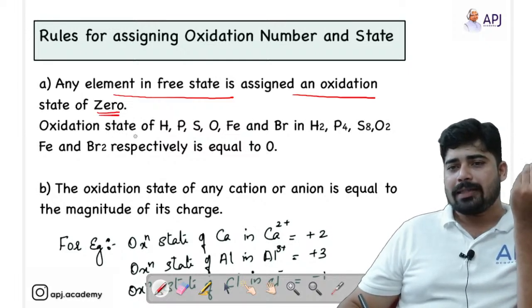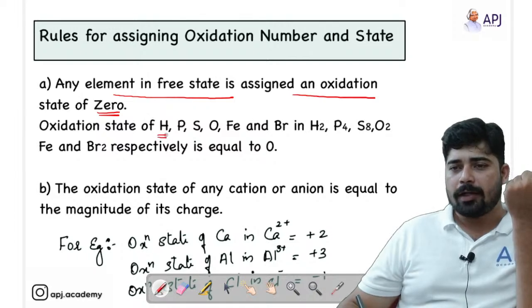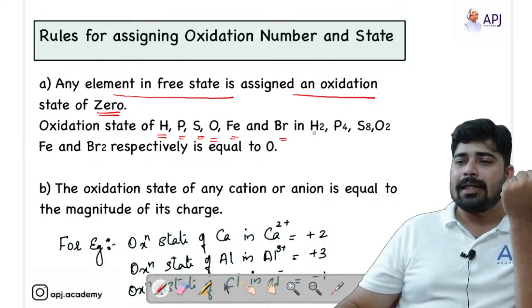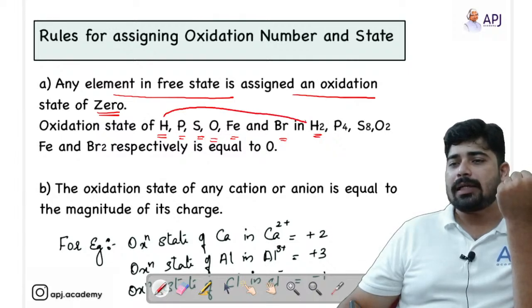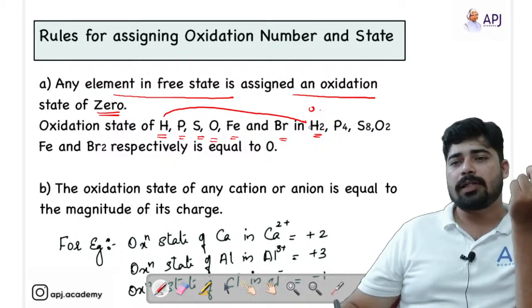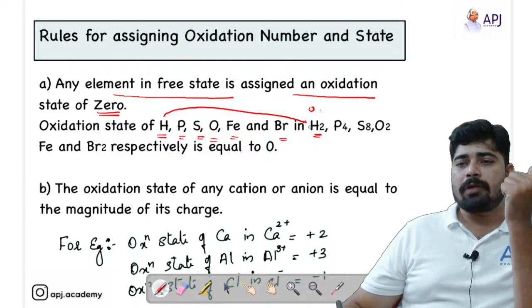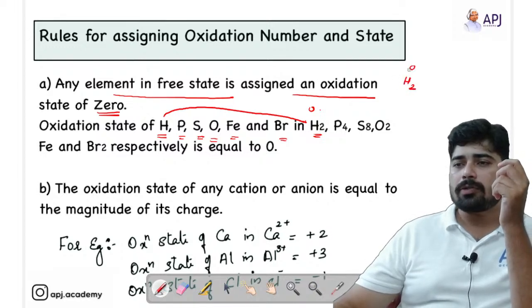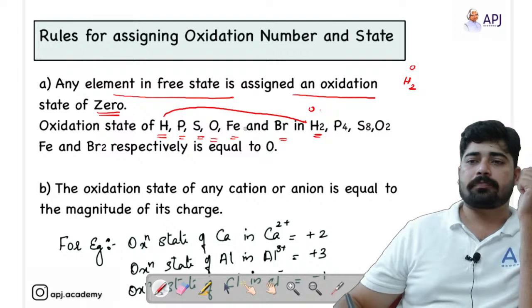For example, the oxidation state of hydrogen in H2 is taken as 0, because H2 is the free state, the natural form in which hydrogen exists in nature. So if you see hydrogen alone like this, H2, you have to take the oxidation number as 0.